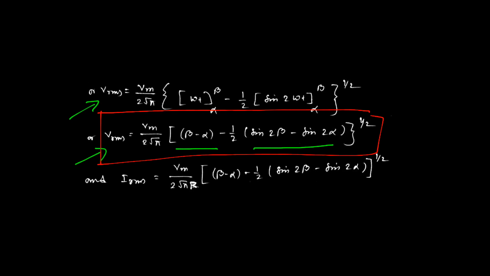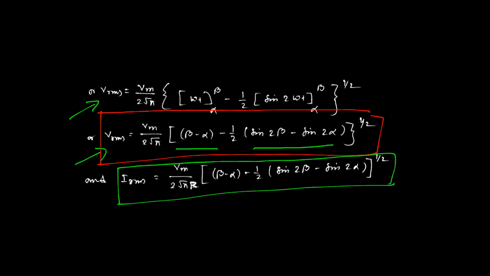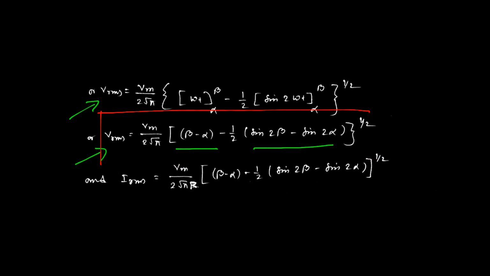The RMS current is equal to V RMS by R. That is why I RMS equals Vm by 2 root pi R times beta minus alpha minus 1 by 2 into sin 2 beta minus sin 2 alpha, under root. In this way we can calculate the average output voltage, average output current, as well as the RMS output voltage and RMS output current.